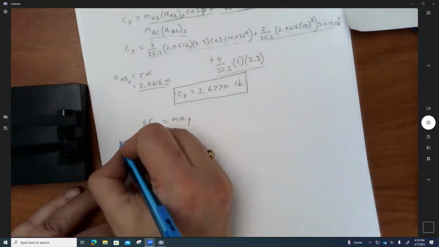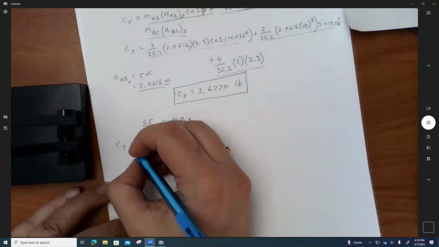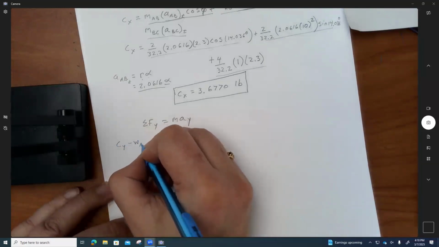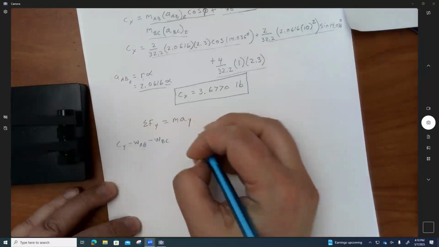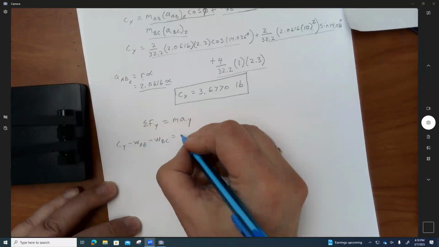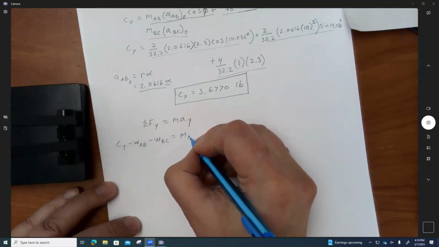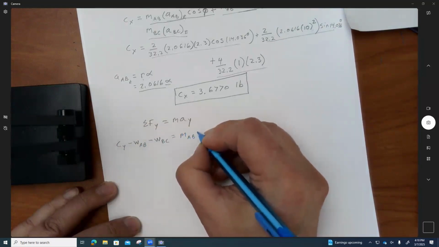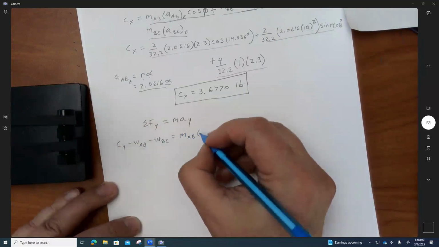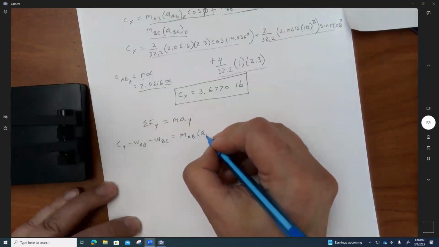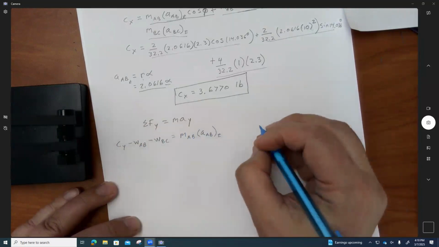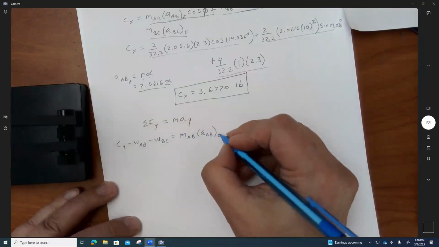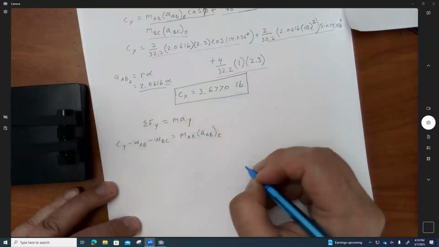So the static side, we've got a plus Cy, we've got a minus weight for AB, and a minus weight for BC. And that's going to be equal to the mass of AB. And now we have to find all of the components for the acceleration, and we have to get them in the y direction.